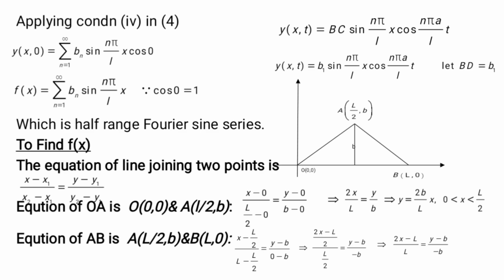First of all, to find the equation, use the two-point formula, (x minus x1) by (x2 minus x1) equal to (y minus y1) by (y2 minus y1), for the two lines, O to A and A to B.